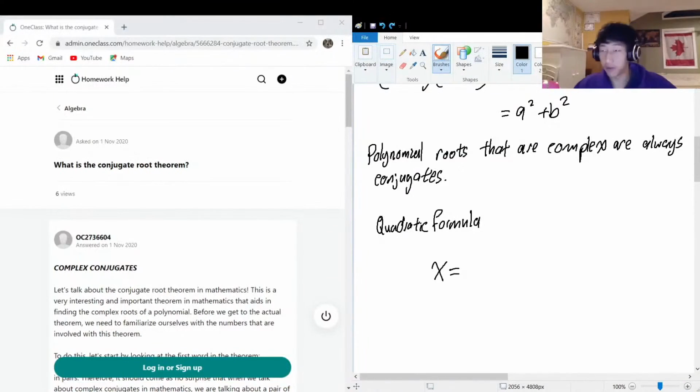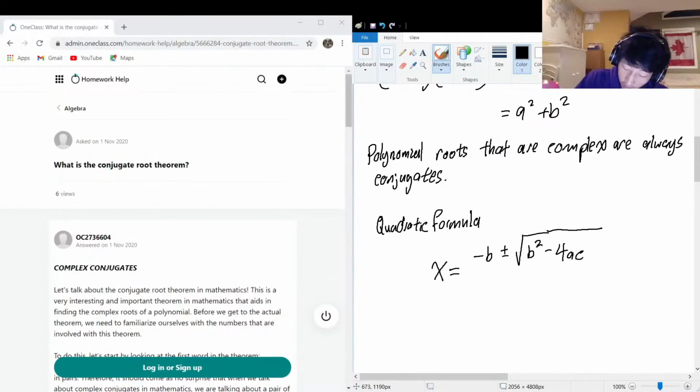I'm just going to verify this super fast because sometimes it's not all on the top of the dome. So we have negative b plus minus the square root of b squared minus 4ac, all over 2a.